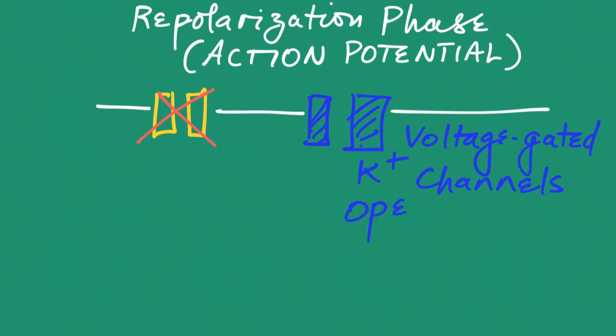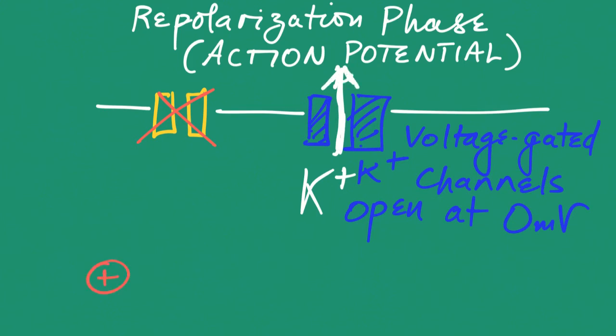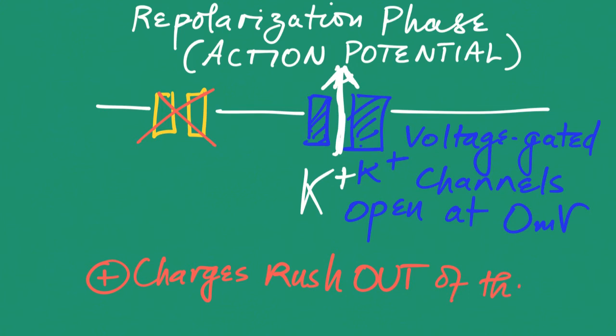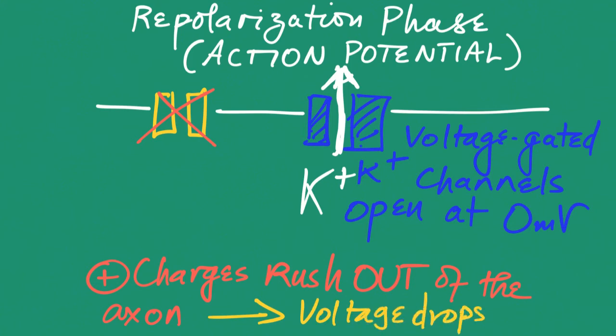At 0 millivolts, voltage-gated potassium channels start opening, and by plus 20 millivolts, they are fully open, and potassium rushes out of the cell, taking positive charges out of the cell. This causes the voltage to go down. This is the falling phase, or the repolarization phase of the action potential, and the voltage goes back to minus 70 millivolts, or the resting membrane potential.